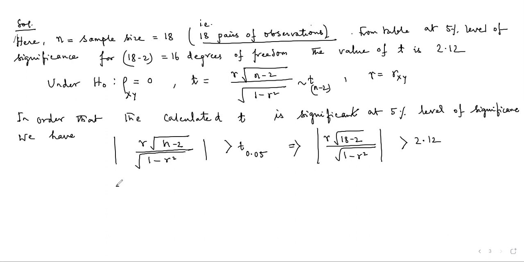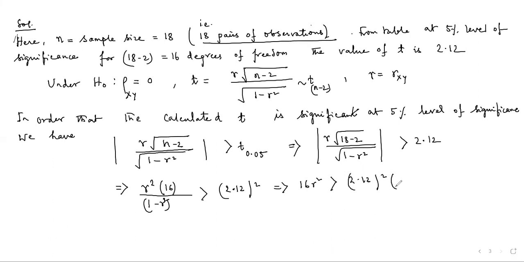If I simplify further, we can square both sides. We get 16 r square divided by 1 minus r square, which should be greater than 2.12 whole square. This implies that 16 r square should be greater than 2.12 whole square into 1 minus r square.